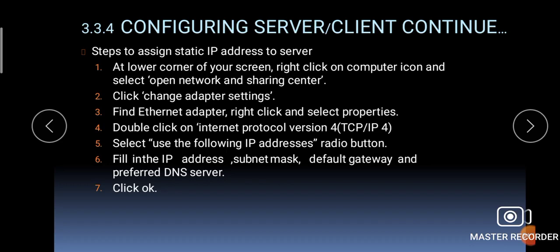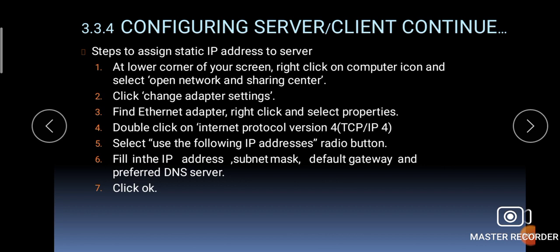Whenever our server name is changed, you have to follow the steps for assigning a static IP address to the server. First, at the lower corner of your screen right click on the computer icon and select Open Network and Sharing Center. Then click Change adapter settings.